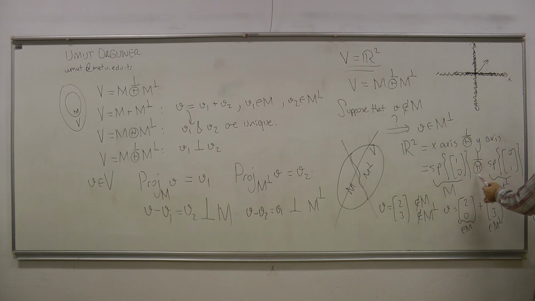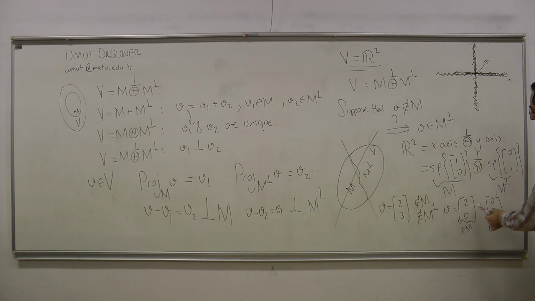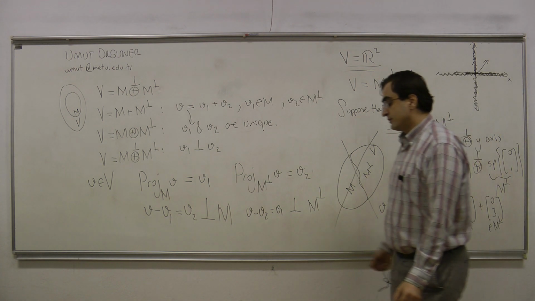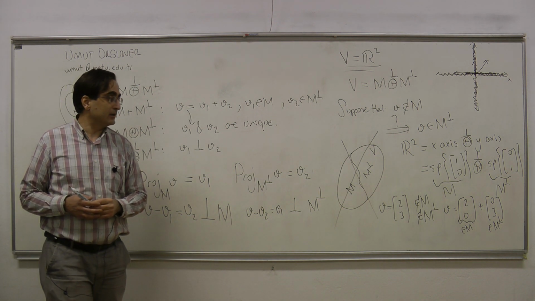That is what this circle sign is telling me. And when I have the vector (2, 3), I cannot find any other decomposition which looks like this. Okay? And furthermore, these two vectors are orthogonal to each other, and that is what this orthogonal sign means. Okay?